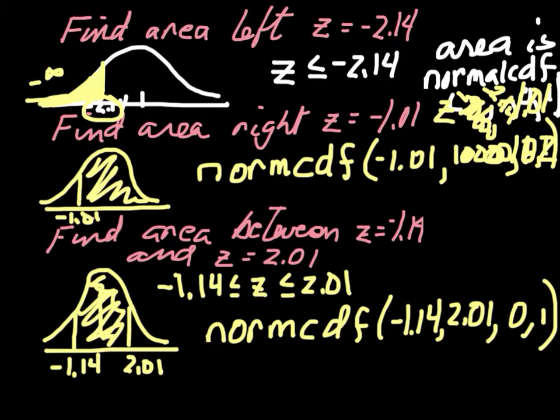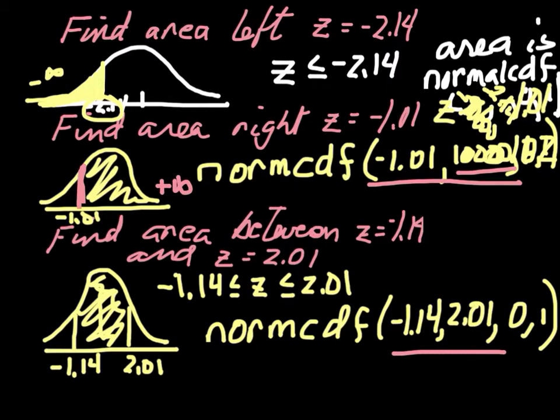The last two problems are written in yellow for you. You'll see I drew the pictures for each one, and then I set up the normal CDF in each case. All I want you to pay attention to is what the left and the right bounds are in each formula. When I do area to the right, the left bound is the smallest number, which is negative 1.01. The right bound is positive infinity, so I just put a large number in, say 10,000.